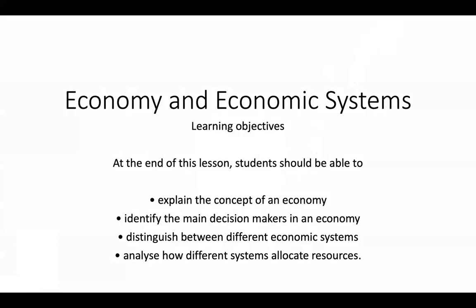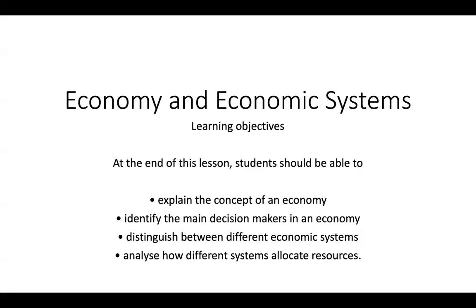In this lecture, we move to another important topic in economics: economy and economic systems. In our previous lesson, we examined scarcity, choice, opportunity cost, and the production possibility frontier. These concepts helped us understand why individuals and societies must make choices when resources are limited.